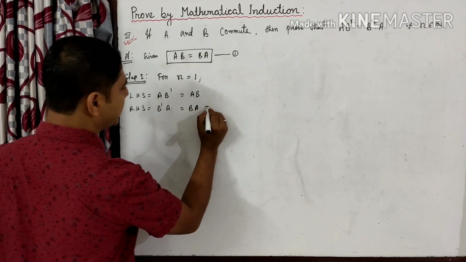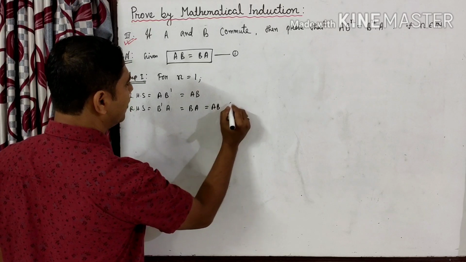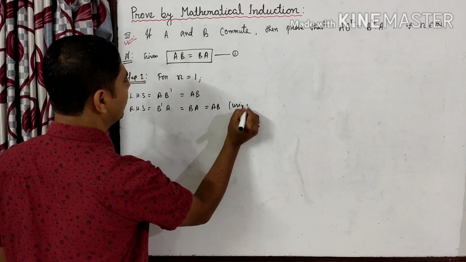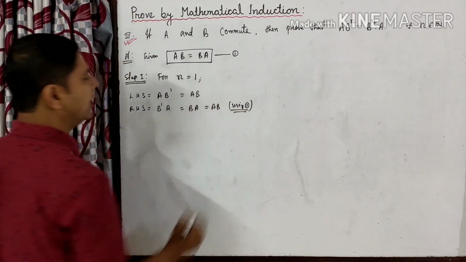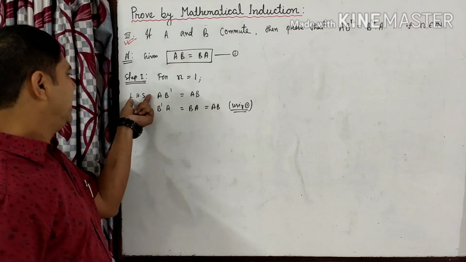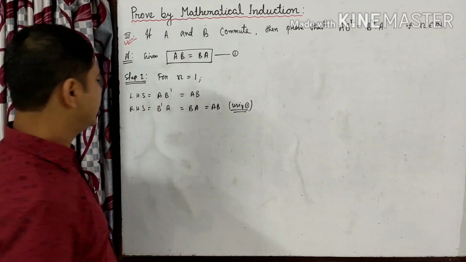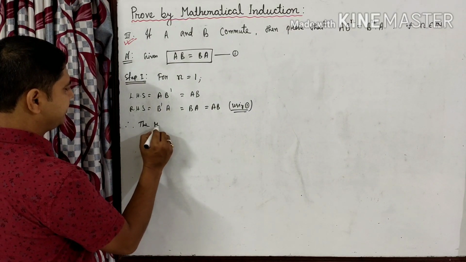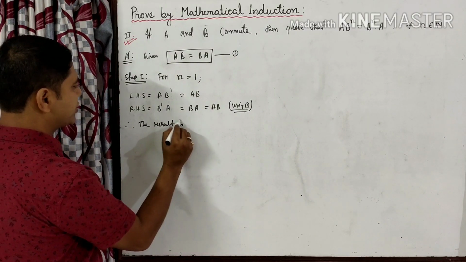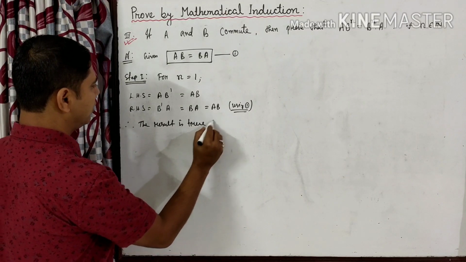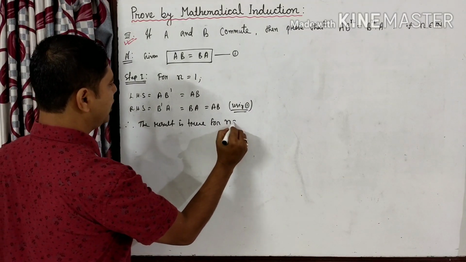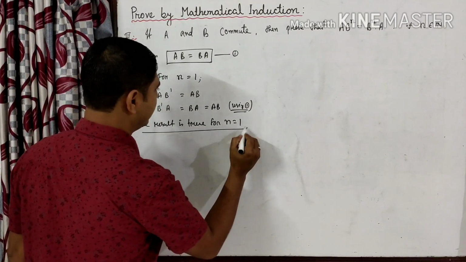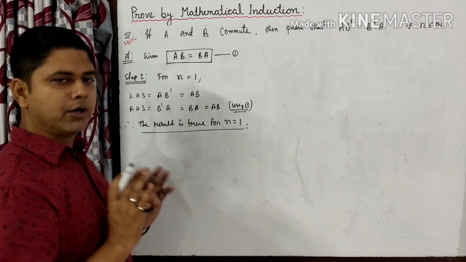BA is equal to AB. Why? Using equation 1. That means left hand side is equal to right hand side. Therefore, the result is true for n equal to 1. The first step is already complete.